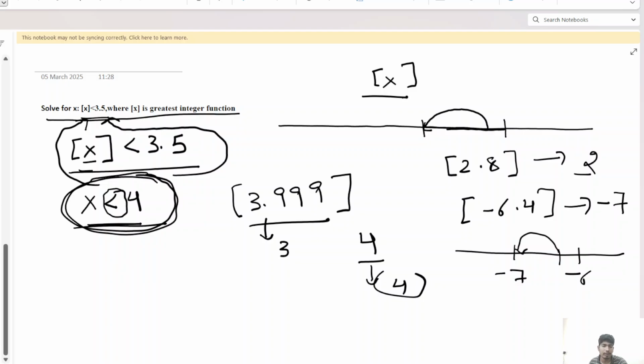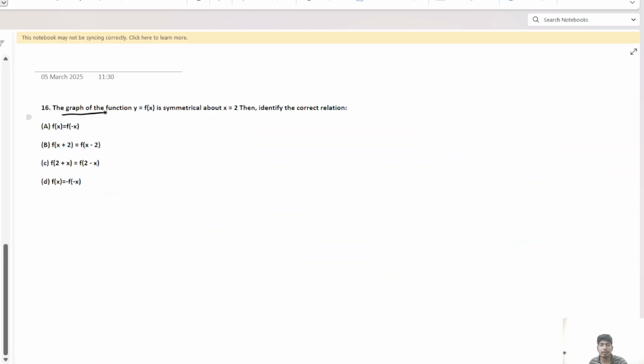Okay, so this is our next question. The graph of the function y is equal to f of x is symmetrical about x is equal to 2. Then identify the correct relation. Let me give you an example. Let this be our graph, this is your x-axis and this is your y-axis.